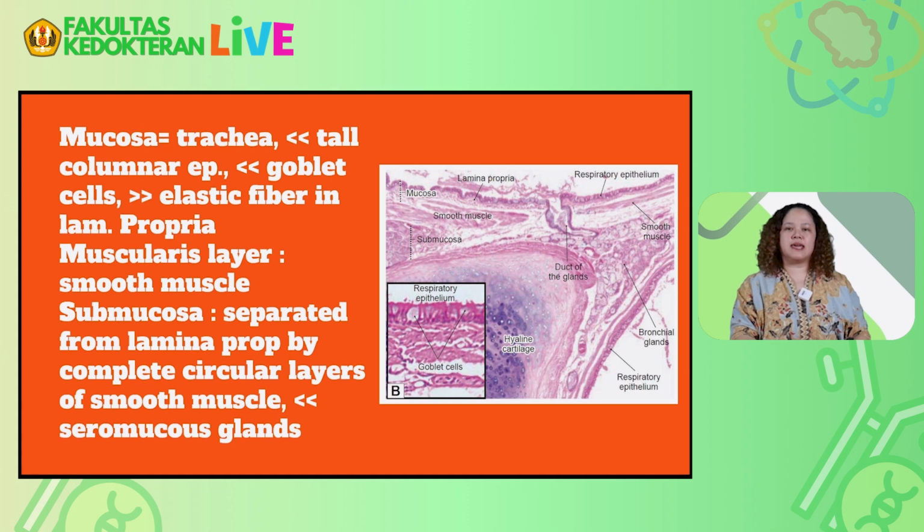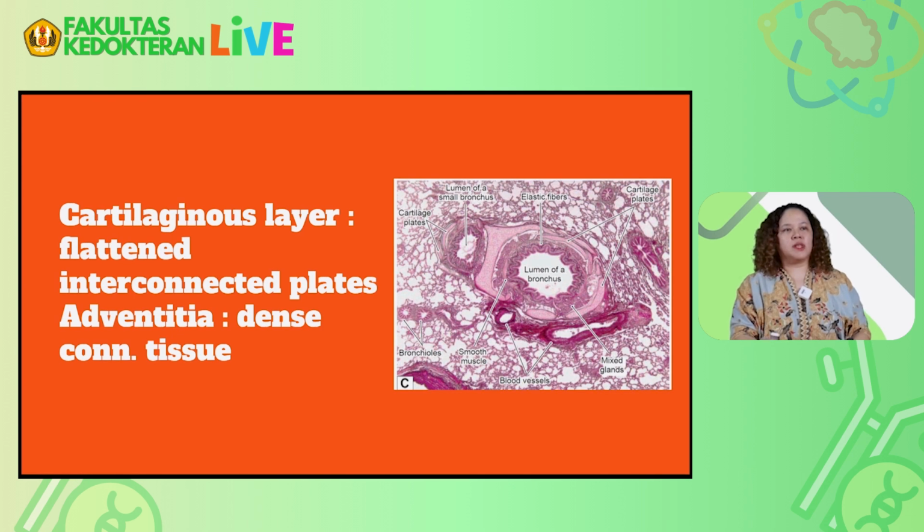The muscularis layer is smooth muscle arranged circularly. What distinguishes this structure is that the cartilage becomes flattened. The adventitia is composed of connective tissue.